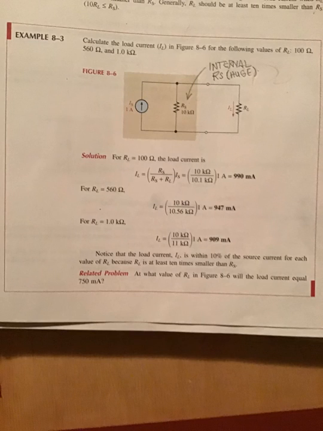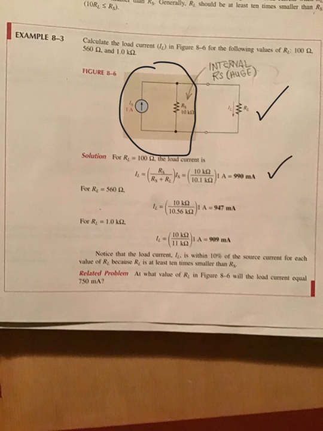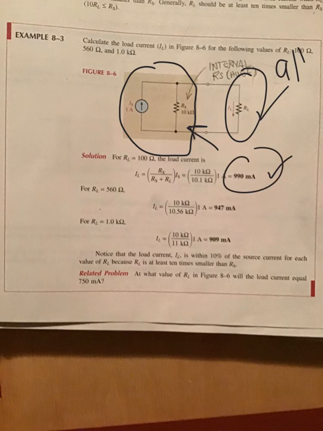Okay, last but not least, the current source, which has an internal resistance built into it right here. We connect the load on the outside. When the load is really, really small compared to this resistance of the source current, then all the current gets here, about 990 milliamps using current divider.